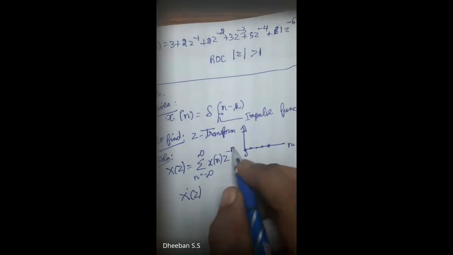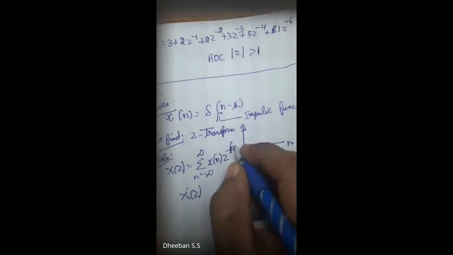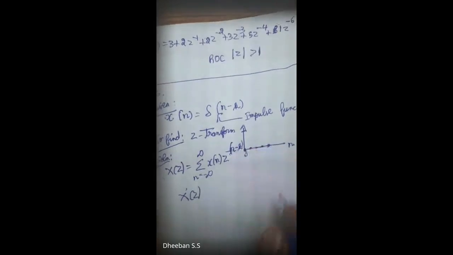Instead of n, you put n minus k over there. So now what happens?